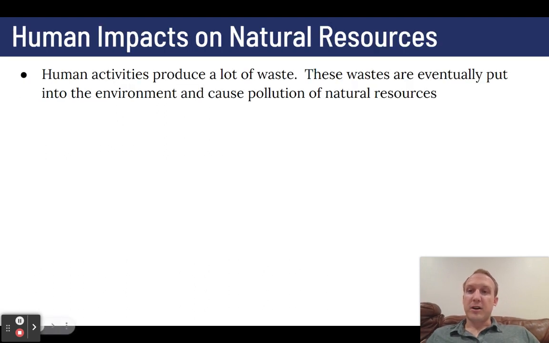So, when we talk about human activities, humans actually produce an incredible amount of waste, far more than any other animal on the planet, because of our ability to manipulate nature. So these wastes are eventually put into the environment and cause pollution of the natural resources that we so desperately need.